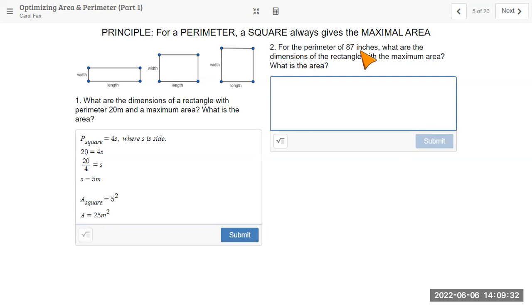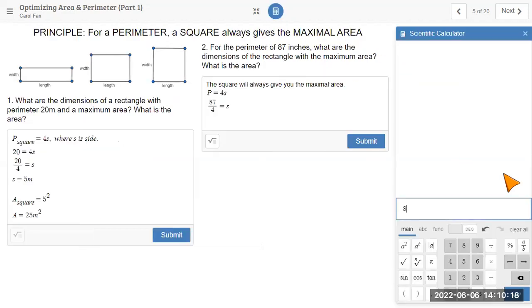Okay, for the perimeter of 87 inches, what are the dimensions of the rectangle with the maximum area? What is this area? Now, once again, rectangle, we've developed the fact that the square is the special rectangle that gives us the maximal area. So because that's the case, I know that I'm going to have perimeter is 4s, where s is the side. I have 87 divided by 4, and that's equal to s.